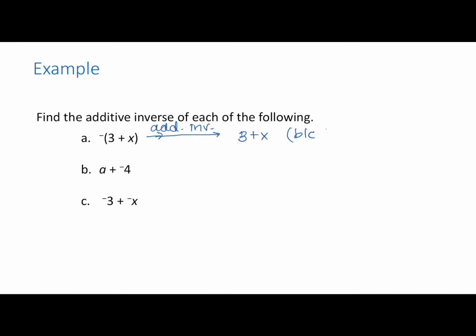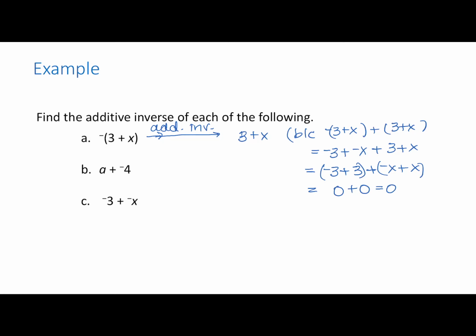Because negative 3 plus x plus 3 plus x, if you distribute that negative, I get negative 3 plus negative x plus 3 plus x, and that's negative 3 plus 3 plus negative x plus x. I'm using commutativity to switch the order of my addition, and I can associate this way. That's 0 plus 0, which is 0. Okay, so the additive inverse here is 3 plus x.